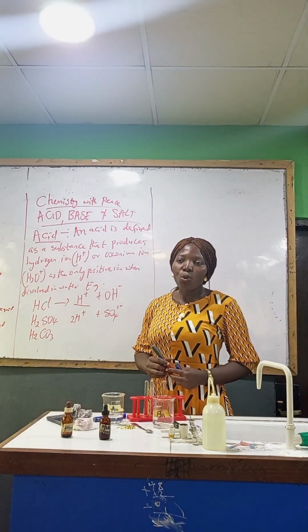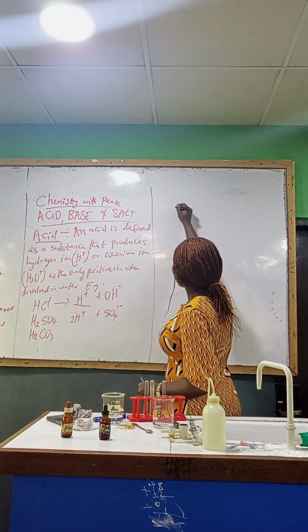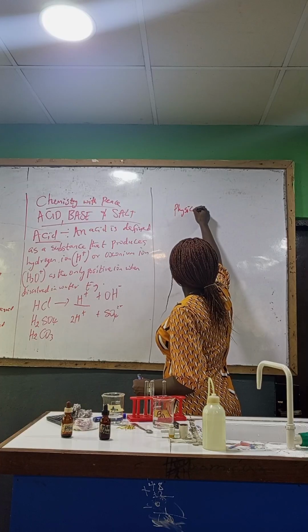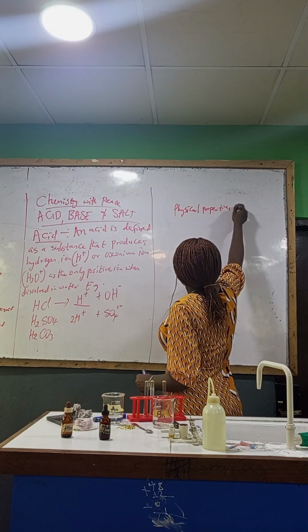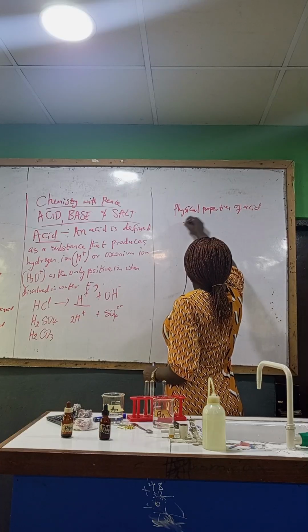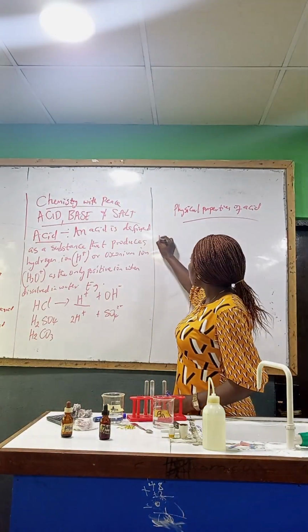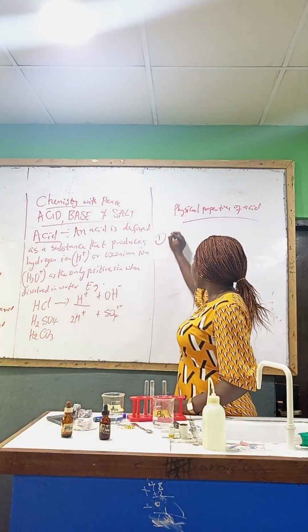Then we have properties of acid. Physical properties of acid. Number 1, acid turns blue litmus paper to red.